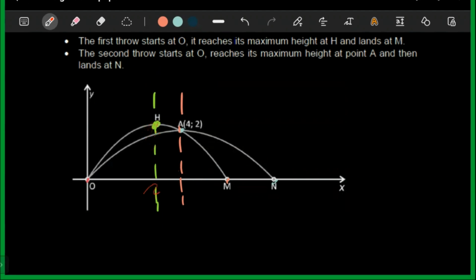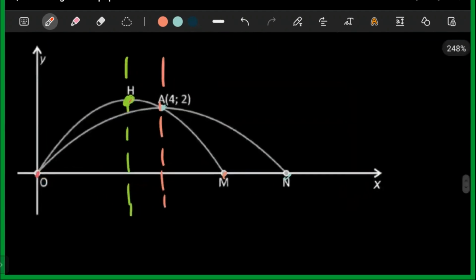So here, what you can do first off is use variables. What you know is this is 0. Whatever the x value is here, you can label it x. Whatever the x value is in the middle here, you can label it half x because it's in the middle. So if this is like a 4, this is half of that, which is a 2. They say this is 2 units further, so you can label this x plus 2.